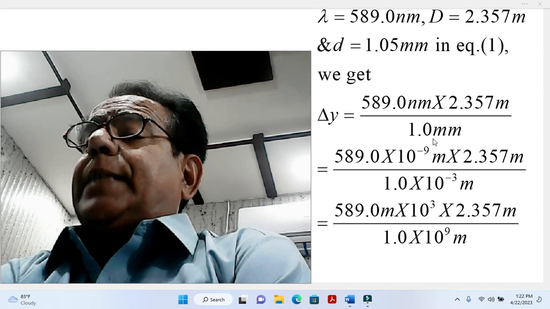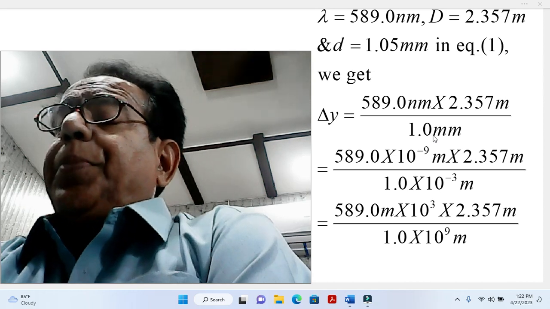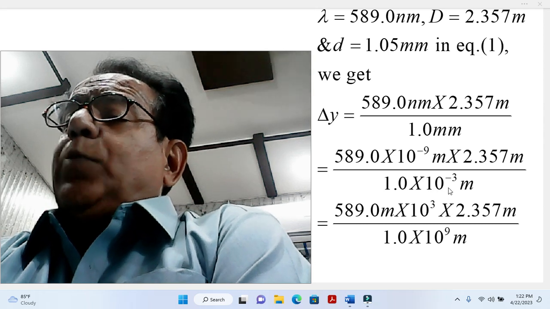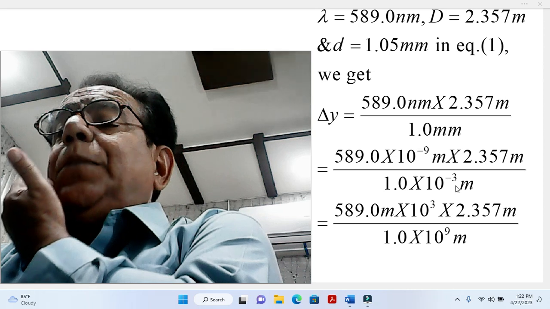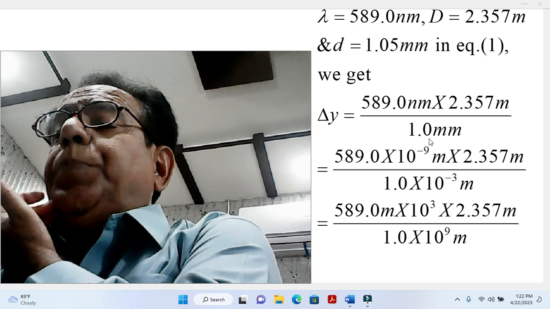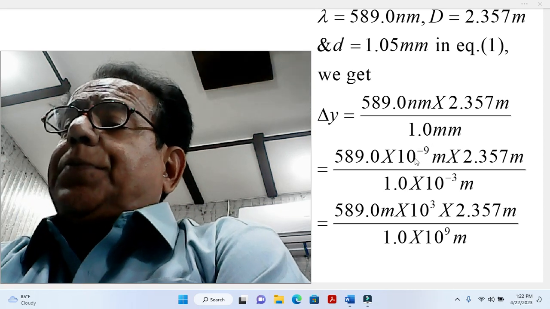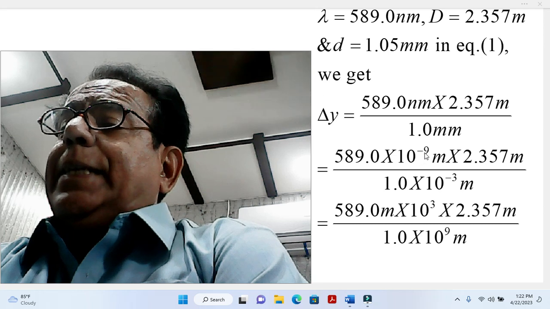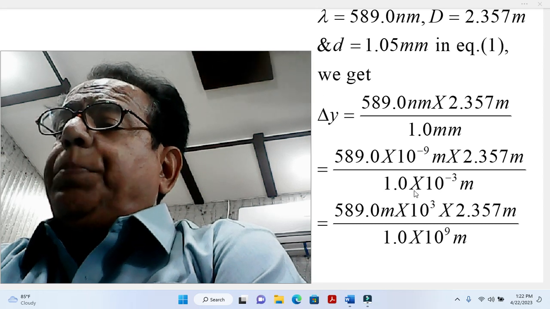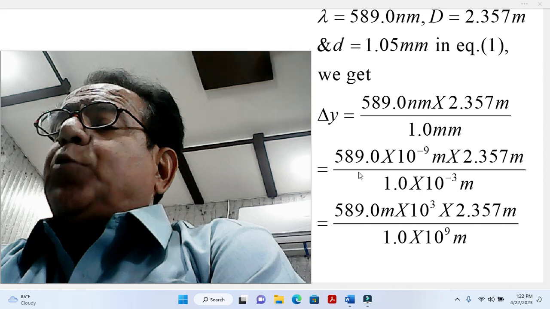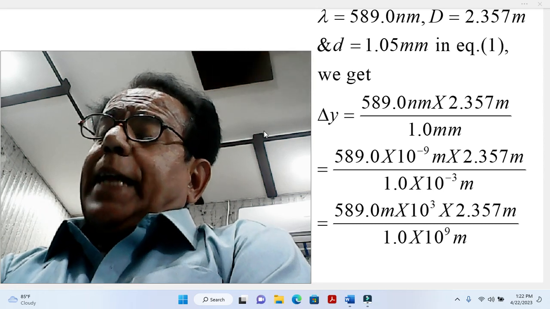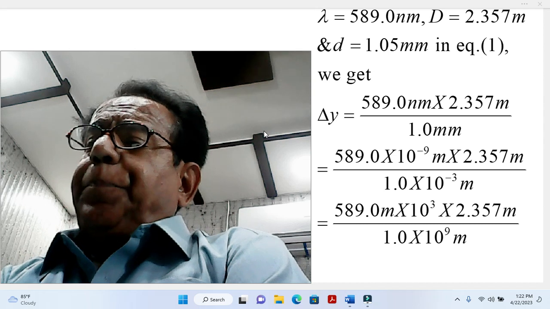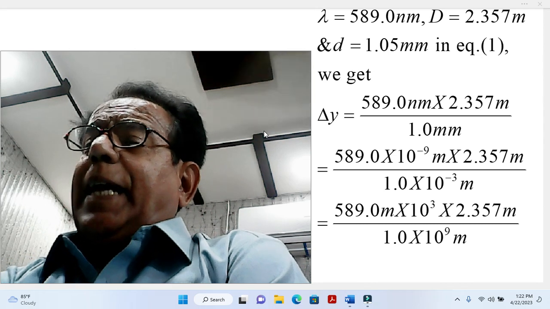In the next step, we have shifted this 10 to power minus 3 to the numerator, and it has become plus 3 in the numerator, while we have shifted 10 to power minus 9 from the numerator to the denominator, and it has also been shifted to plus 9, but it has been shifted downward.